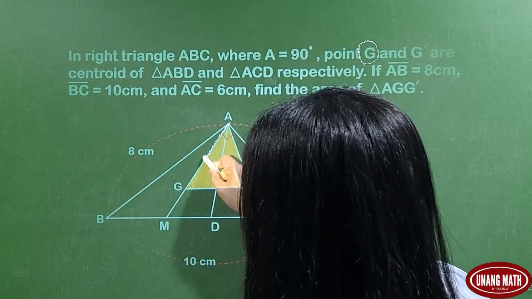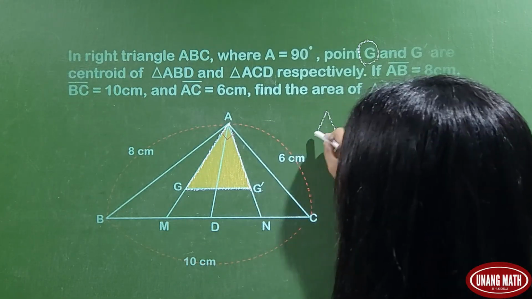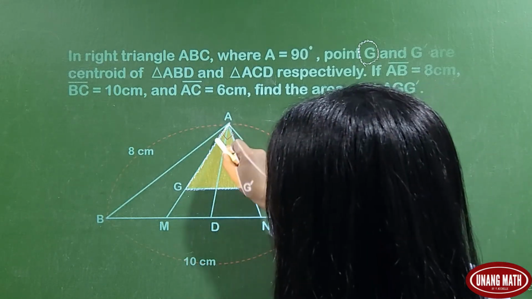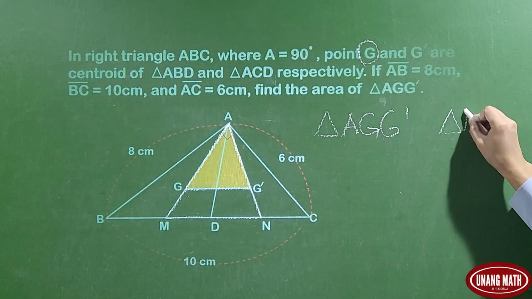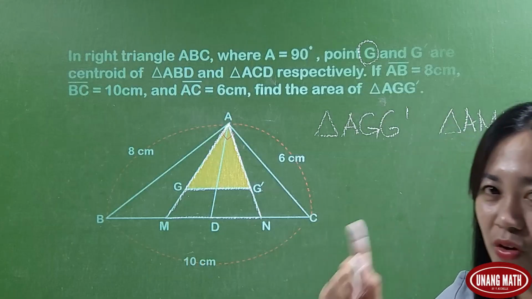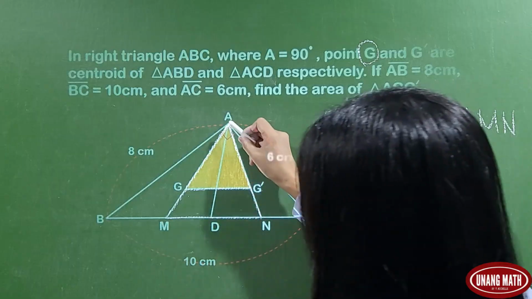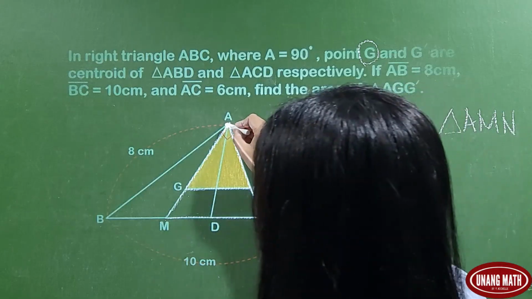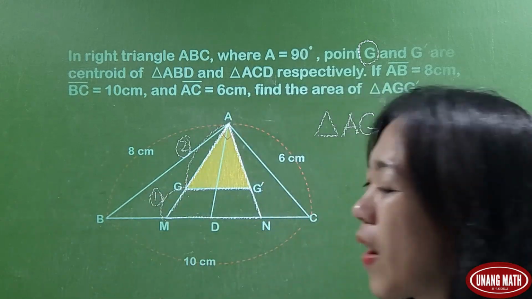Looking at this triangle AGG prime, we have triangle AGG prime and triangle AMN. These two triangles are similar figures. To prove that they are similar, since segment AM is a median, it is in the ratio 2:1.